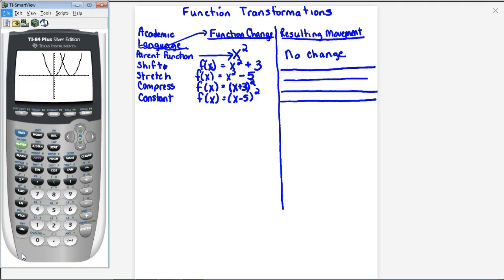So what does that look like? I'm going to throw reflecting over here. What that means is if I have my parent function, I want to have it open down. I want to turn it upside down, reflect it about the x-axis. So the x-axis there is acting as the mirror that we are having a reflection in, okay?